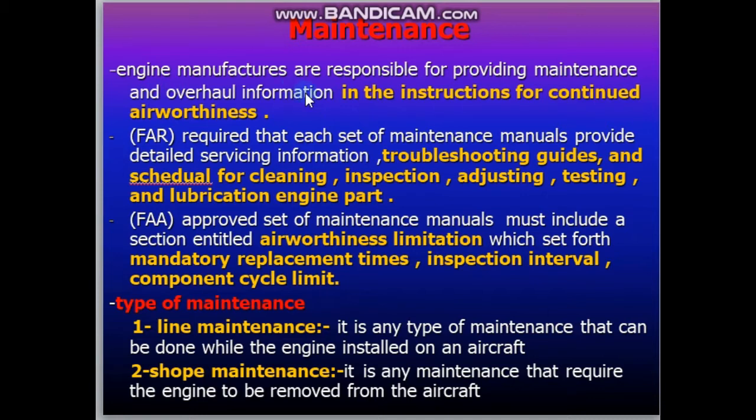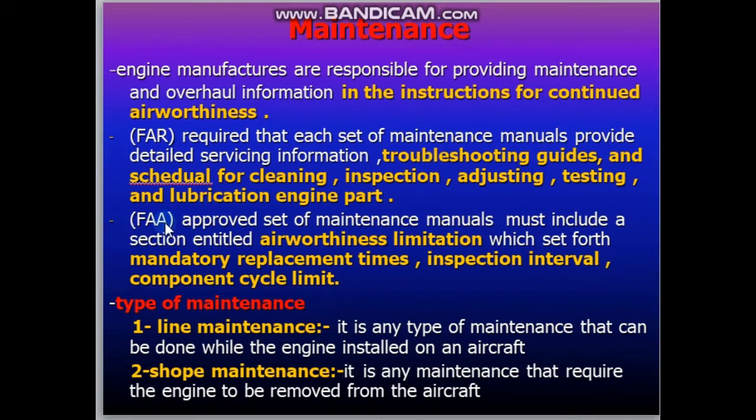Engine manufacturers are responsible for providing maintenance and overhaul information in the instructions for continued airworthiness. The Federal Aviation Regulation requires that each set of maintenance manuals provide detailed servicing information, troubleshooting guides, and schedules for cleaning, inspection, adjusting, testing, and lubrication of the engine parts.